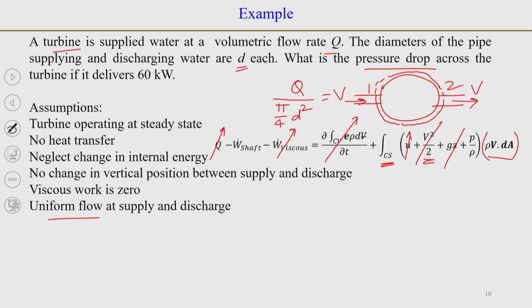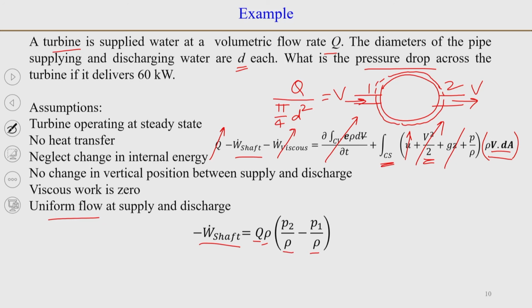So, what we will end up with is that minus shaft work will be equal to, V dot dA is Q into rho, and because there will be a minus sign at the inlet, V dot dA will be minus Q at the inlet. So, you have minus P 1 by rho, and at the outlet P 2 by rho.